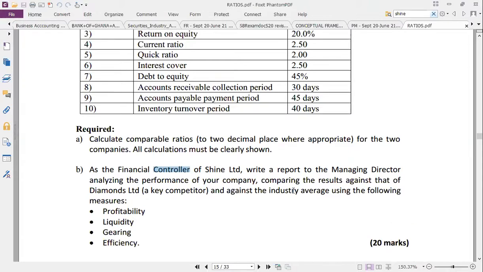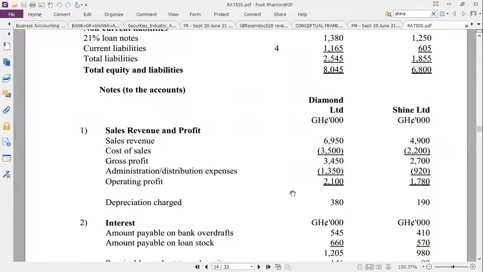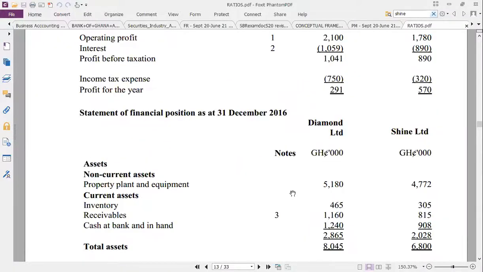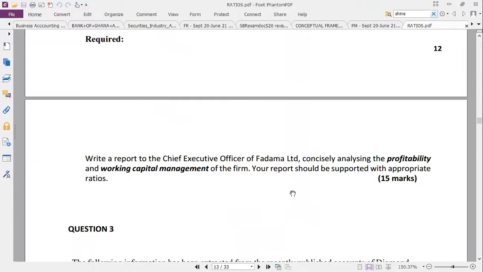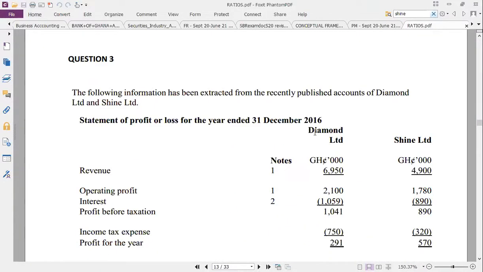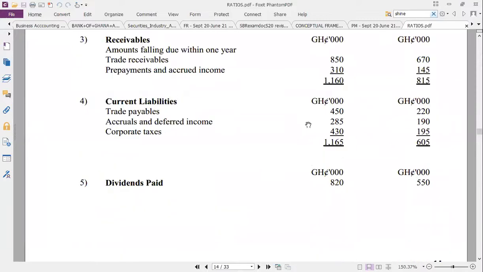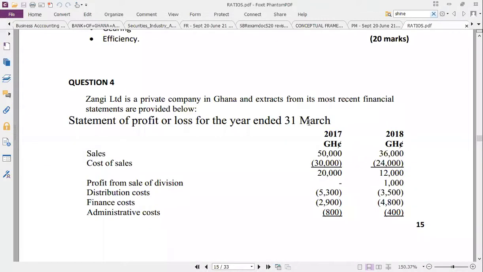Which year are you doing the report for? For 2016. Yes, I can see 2016 here. So that's the address. Let's start with the introduction.